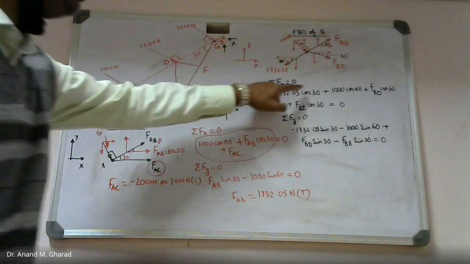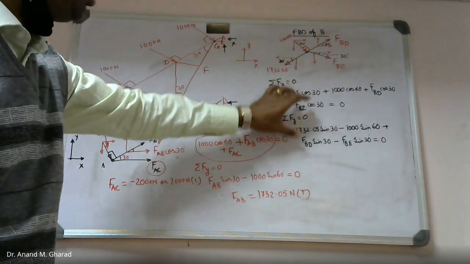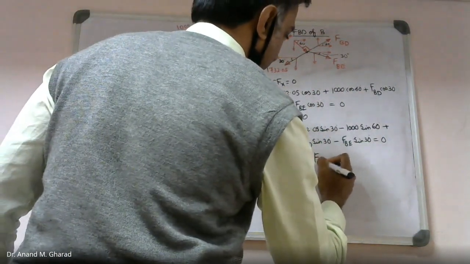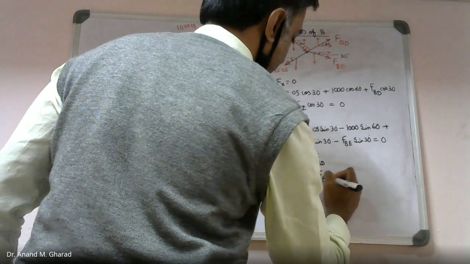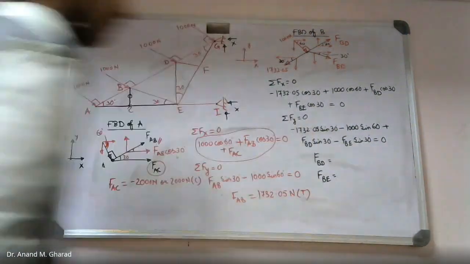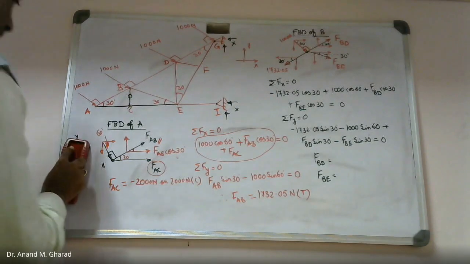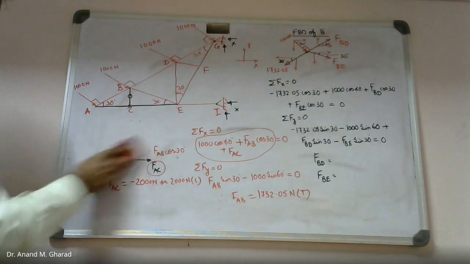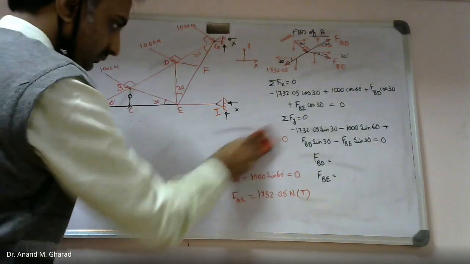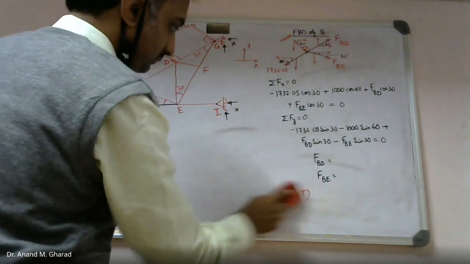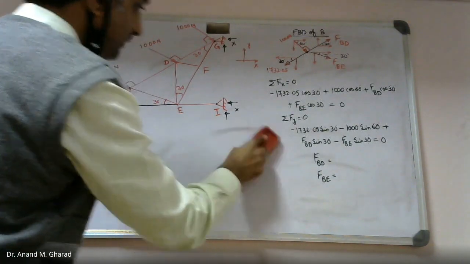And based on these two equations, if they are correct, you find out the values for FBD and FBE. So please let me know the values.